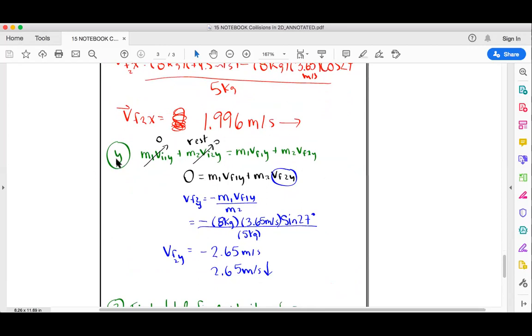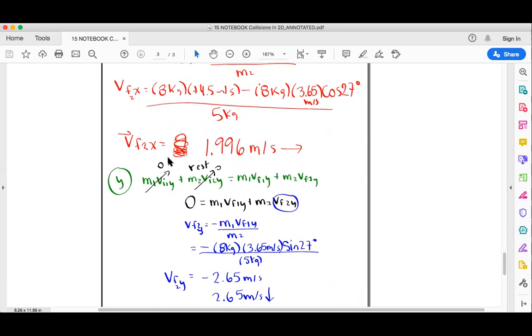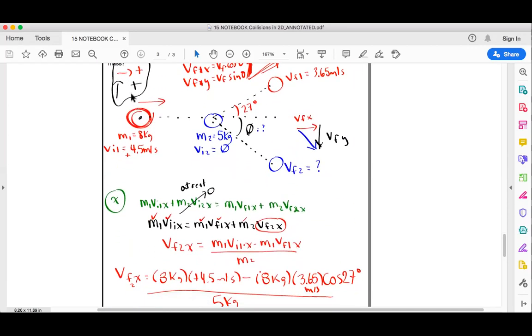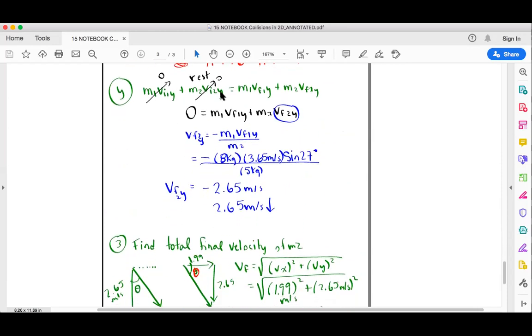And for the y component, it's even a little bit easier because we set this to be y, which is exactly 90 degrees to how this is moving. The vertical component of this velocity is 0, and this has an overall velocity of 0. So those first two terms cancel out to 0, and if we add up the vector quantity momentum of the two objects at the end, they add to 0.